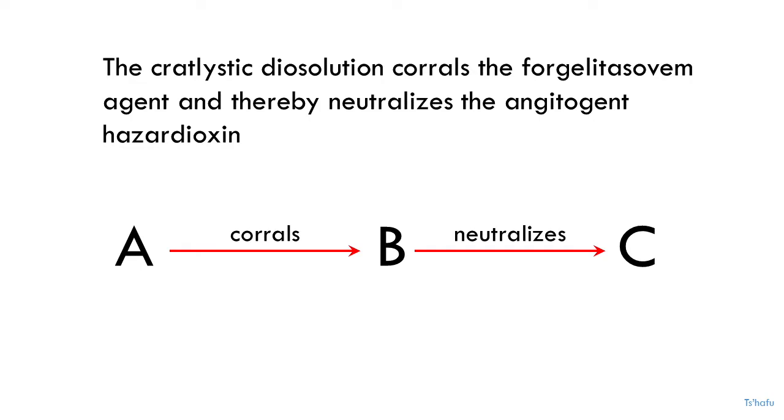As you can see, we don't need to know the content in order to know the argument. What the thesis statement is saying is simply that A corrals B and B in turn neutralizes C. That is what this thesis statement is arguing, and that is what we want to focus on. So now that we have this, we've taken a big step forward. We now actually understand the underlying argument.